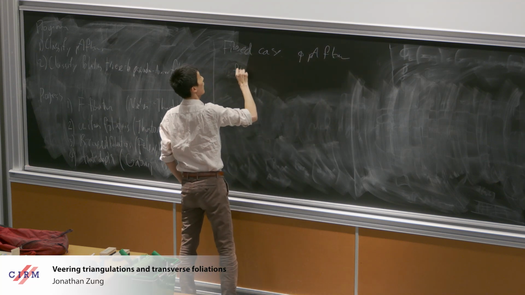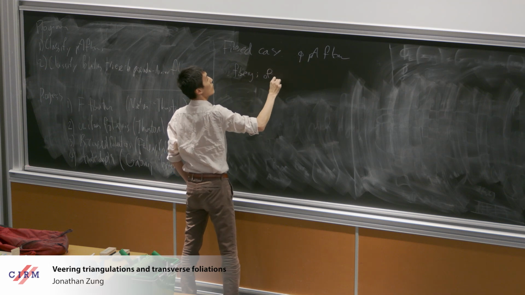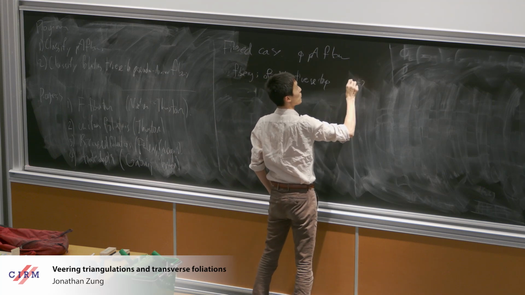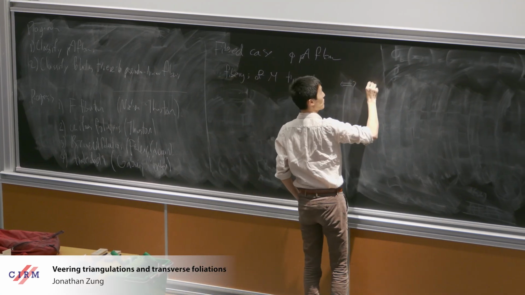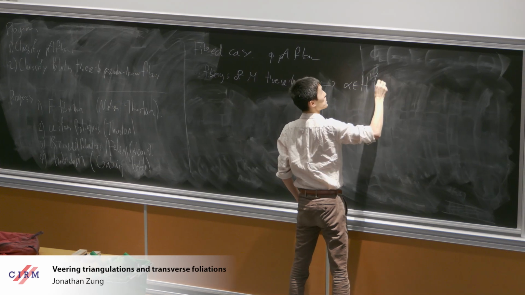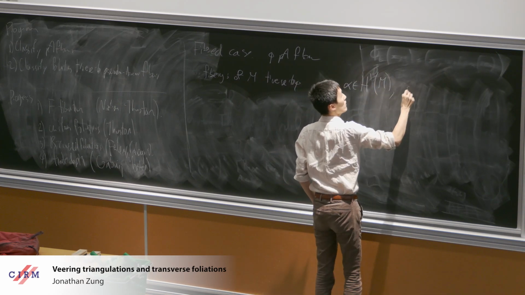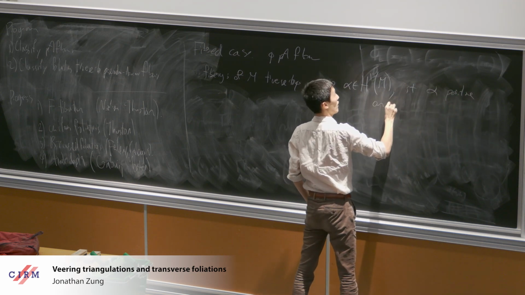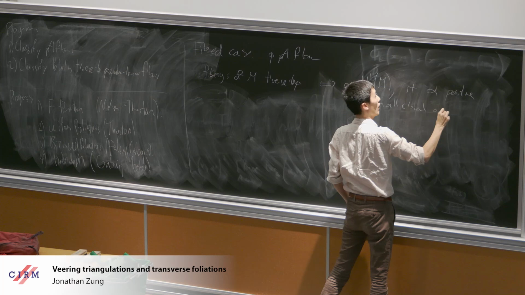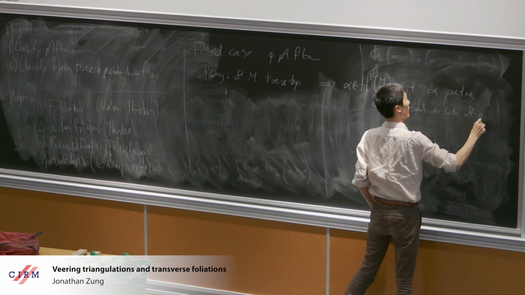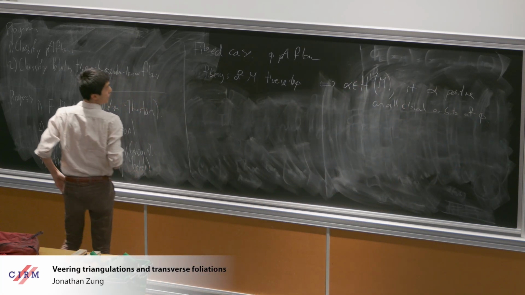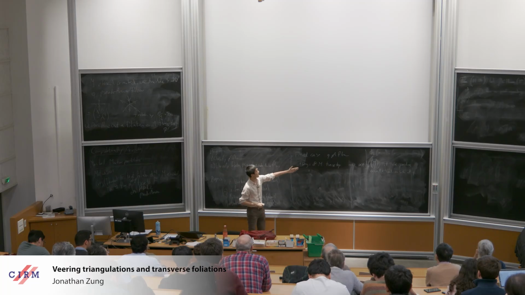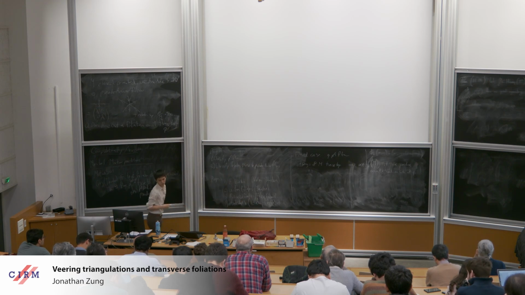Then the fiberings of M transverse to phi are in one-to-one correspondence with elements alpha of the first cohomology of M such that alpha is positive on all the closed orbits of phi. So, given a cohomology class like this, there's a representative such that its kernel is a fibering of M, and that fibering is transverse to phi.